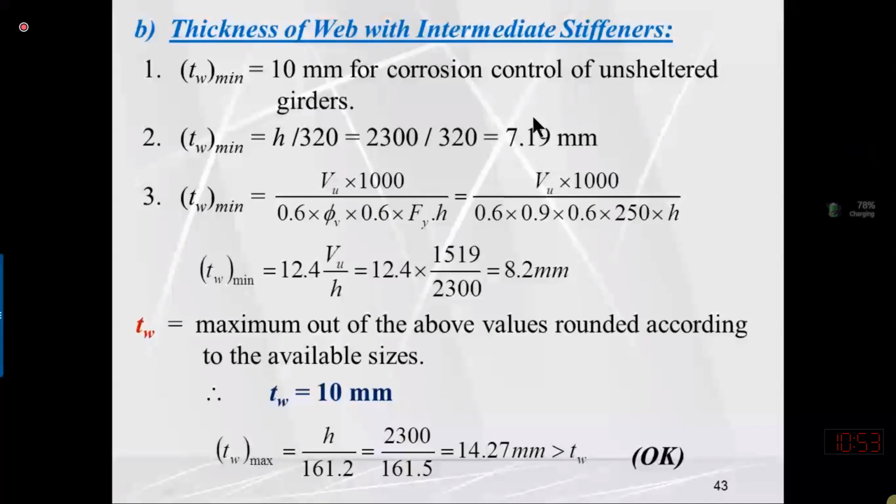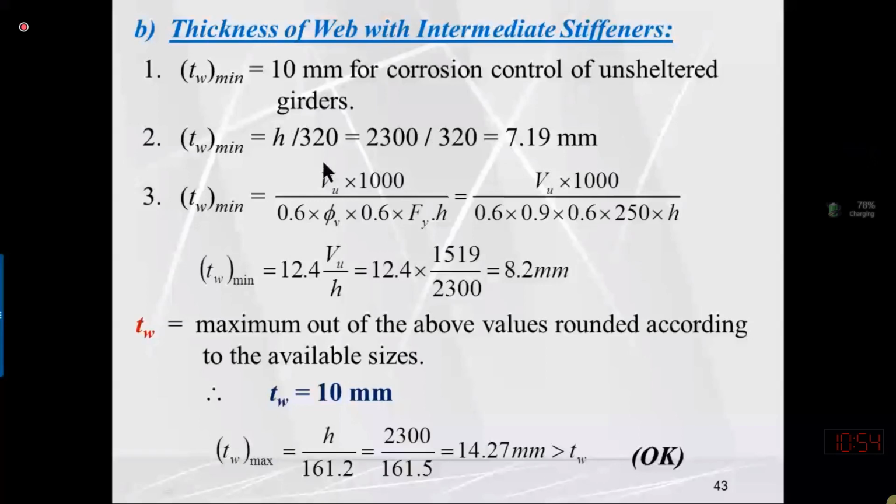Second, depending upon the web buckling, assuming that A over H ratio is more than 1.5, or we are providing the stiffener at a spacing more than 1.5 times the H. So second is H by 320. Height of the web we have already computed. So divided by 320 is 7.9. Third, thickness is based on the maximum applied shear force.